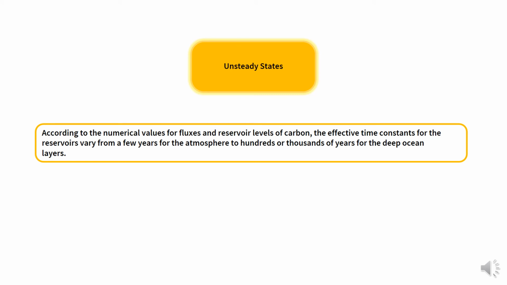According to the numerical values for flux and reservoir level of carbon, the effective time constants for the reservoirs vary from a few years for the atmosphere to hundreds or thousands of years for the deep ocean layers.